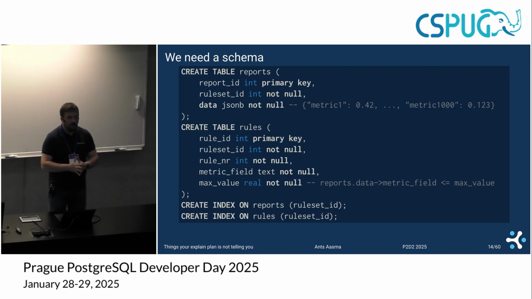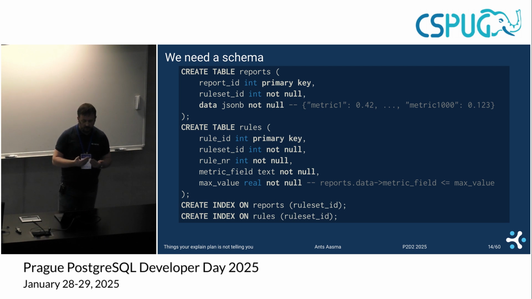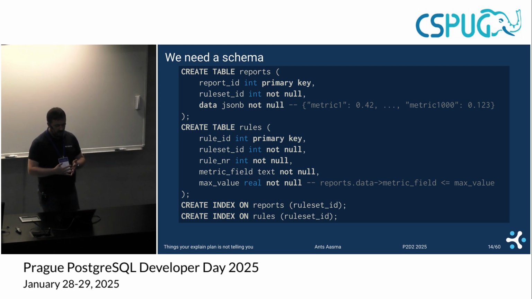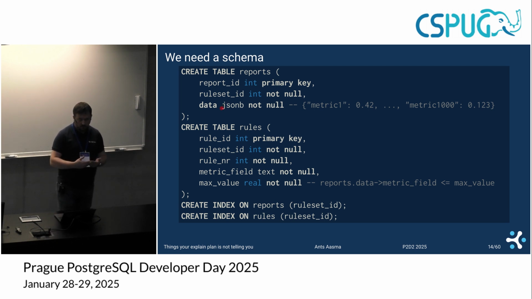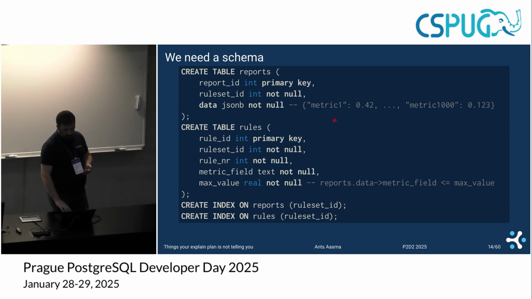As a first step, I now need a demonstration schema, so the queries are somewhat interesting to look at. The schema here is going to be about some reports that we are collecting metrics about. So we have a reports table that has an ID, some rule set ID reference, and a bunch of data stored in a JSONB column that would be like a metric and a value.